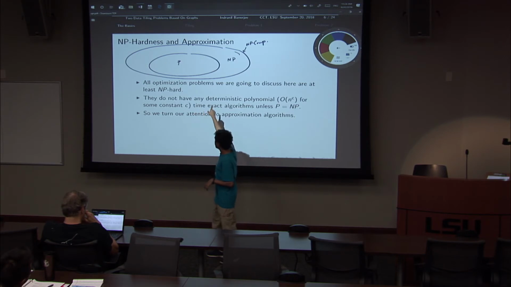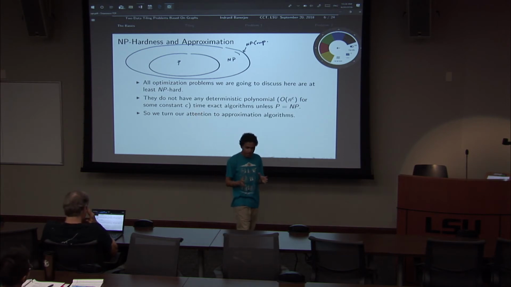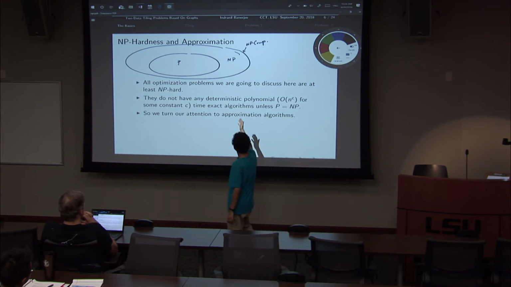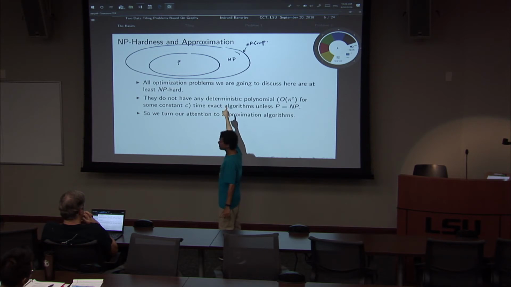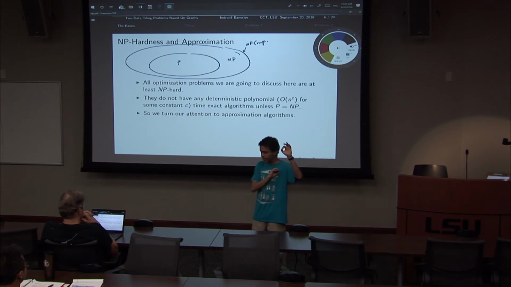And I drew NP as a slightly bigger set. The P equals NP question is whether or not P is strictly smaller than the set NP. So does there exist a problem for which there is no way we can find a polynomial time algorithm?